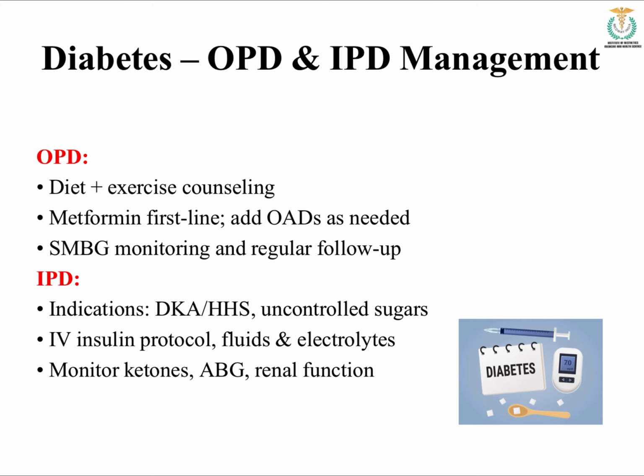Then escalate the therapy based on the HbA1c target and any comorbidities. You can add an SGLT2 inhibitor or a DPP4 inhibitor as per the guidelines and patient factors. And always screen and treat hypertension and dyslipidemia accordingly. So this is how we'll be doing OPD management.